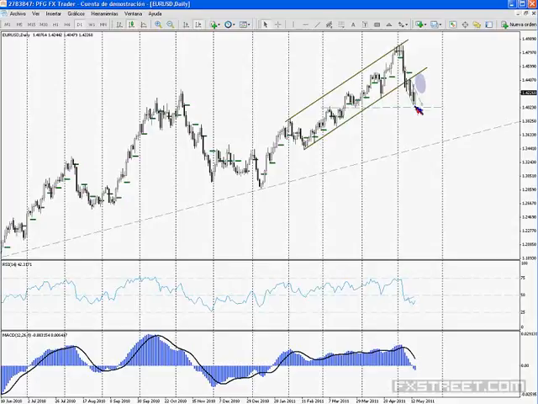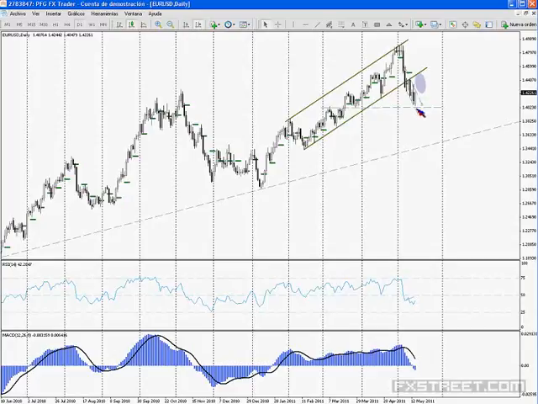We have come now back to that broken level, and we could see this level playing out as support again. And let's see what type of action develops from here.